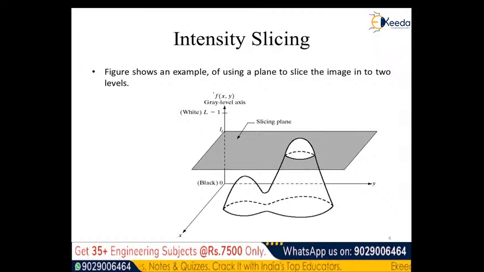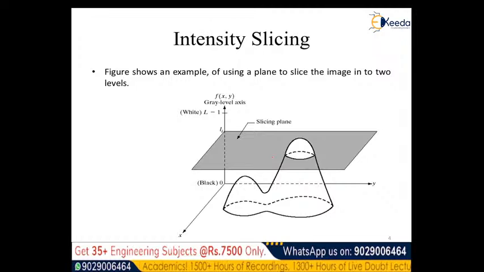This gray level is represented by f, whereas x and y are represented by the two axes in the horizontal plane. You see the information has different levels of intensity at different regions, for example these two peaks here.